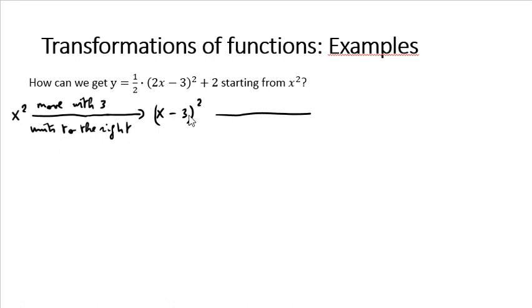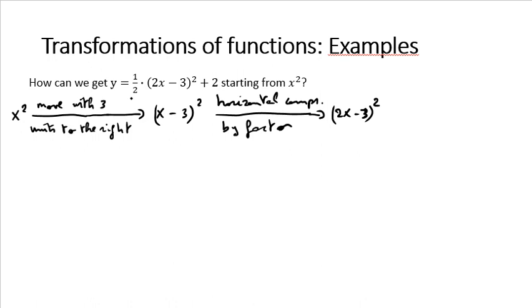That is a horizontal compression or stretch, and because it's times 2, it's a horizontal compression by factor 2. So we replace the x by 2x. So it becomes 2x minus 3 to the power of 2.